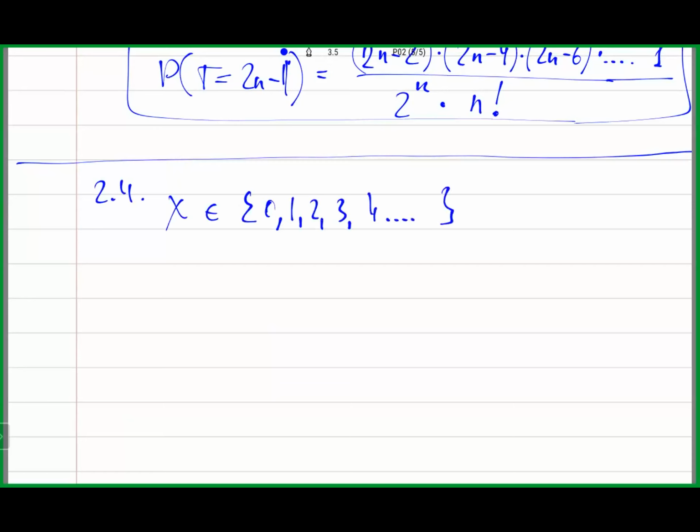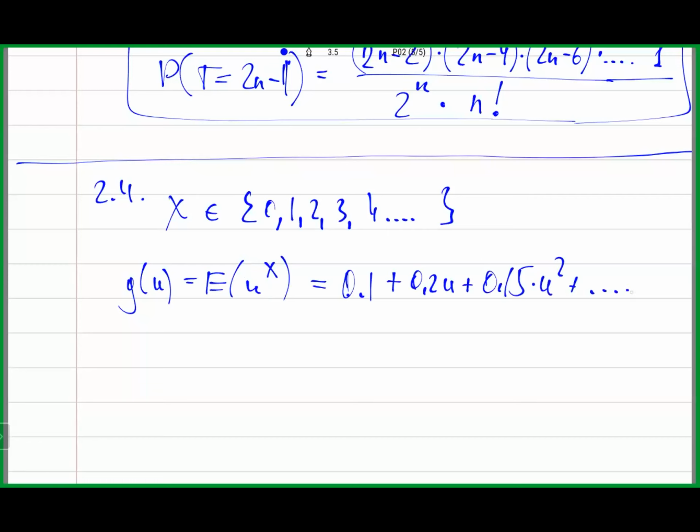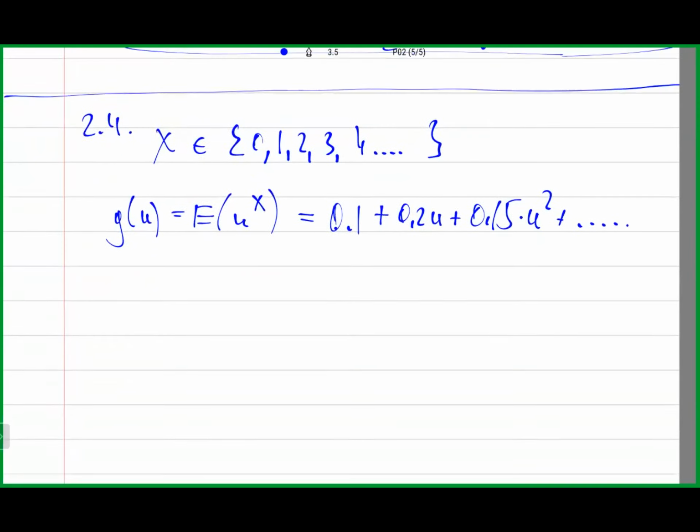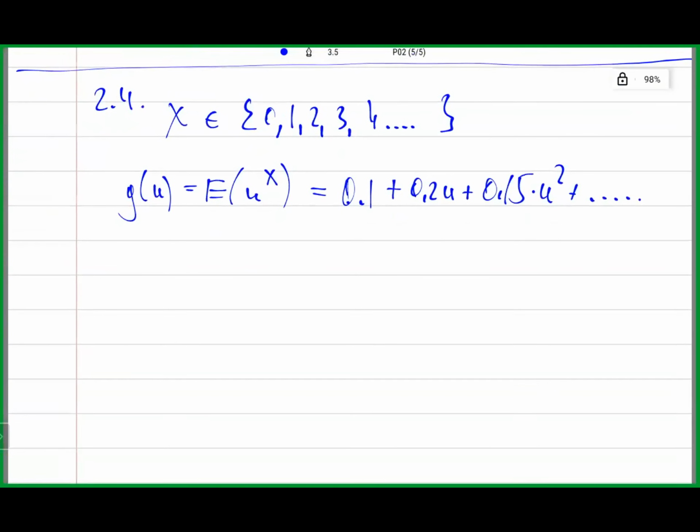And we know the beginning of the function g of u, the expected value of u power X. And this function starts with 0.1 plus 0.2 times u plus 0.15 times u squared plus something else.